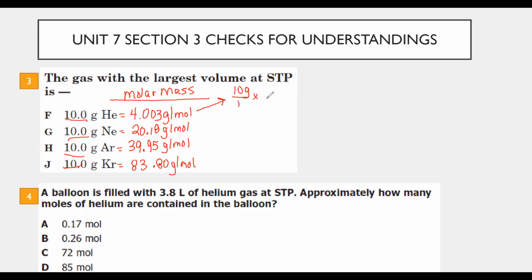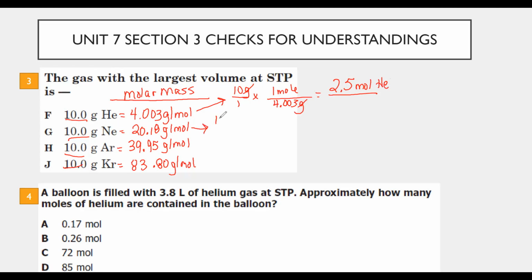And we know 1 mole of helium is 4.003 grams. Grams cancel out. You put that into the calculator. You're going to end up with 2.5 moles of helium.